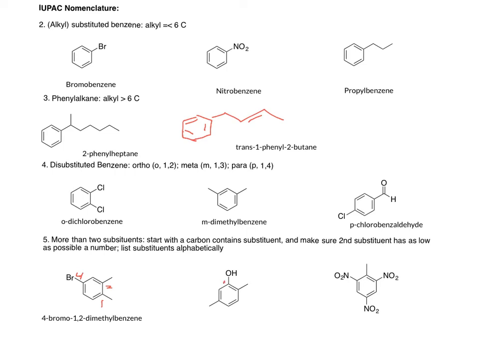In order to make your second substituent the smallest possible number, you're going to number the rest of the carbons clockwise: 3, 4, and 5. The methyl is bonded to carbon number 5. Under that circumstance, the name of this compound would be 2,5-dimethylphenol.